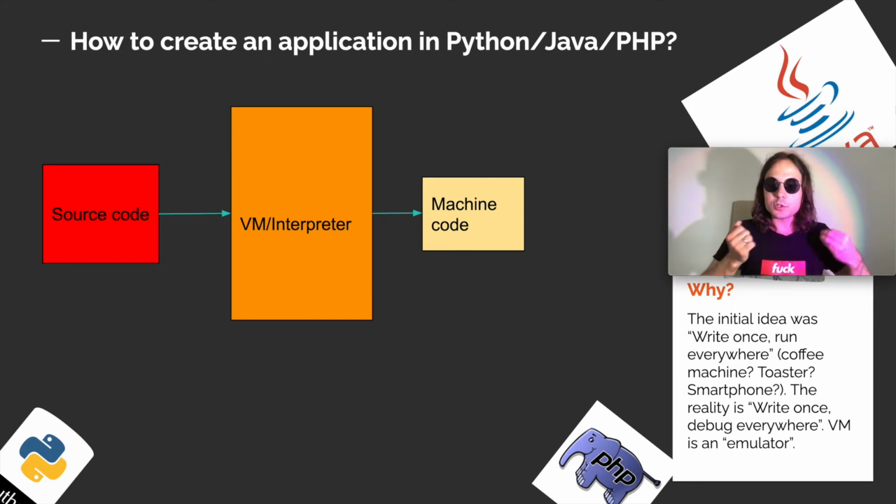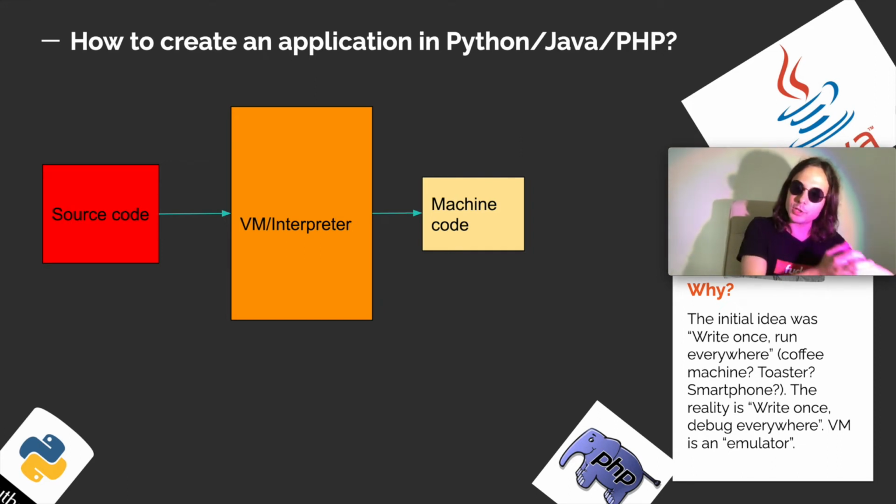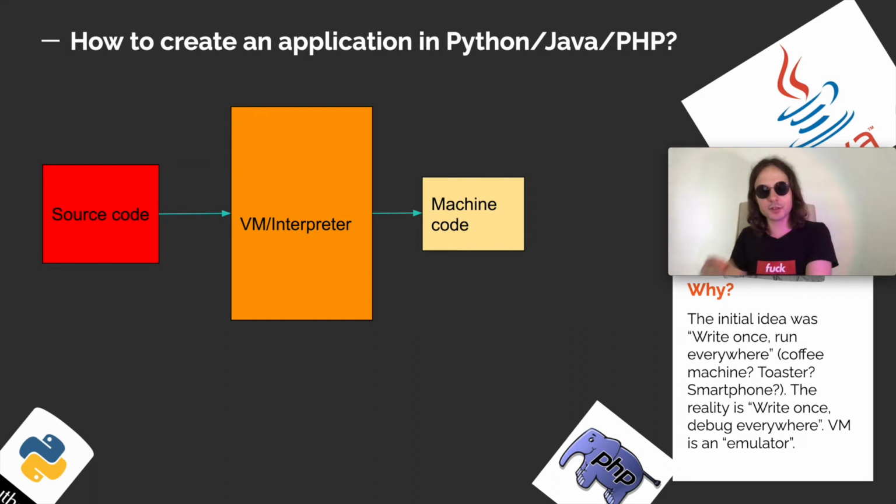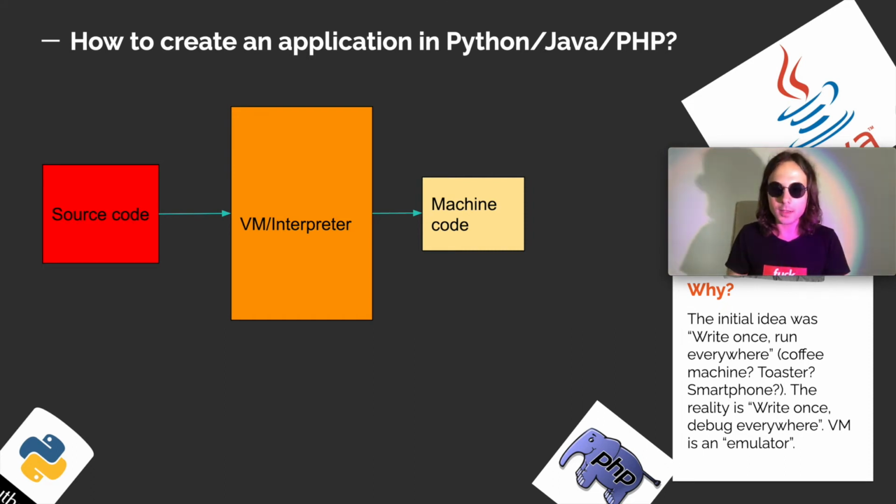And compared to Go, for example, this application looks slow because we have a big angry virtual machine. We do a translation of source code into machine code commands line by line. What it gives us is some level of flexibility.